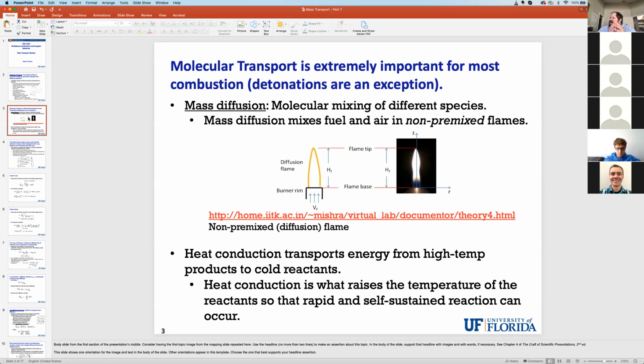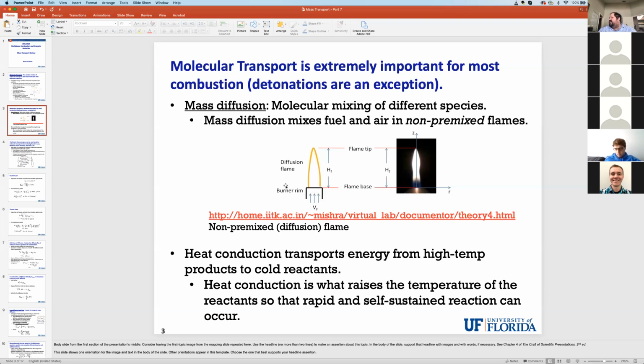But basically, mass diffusion, as I said before, is the molecular mixing of different species of different gases. So let's consider a normal torch. Here you have a fuel injector, injecting fuel into the system, and outside you have air.